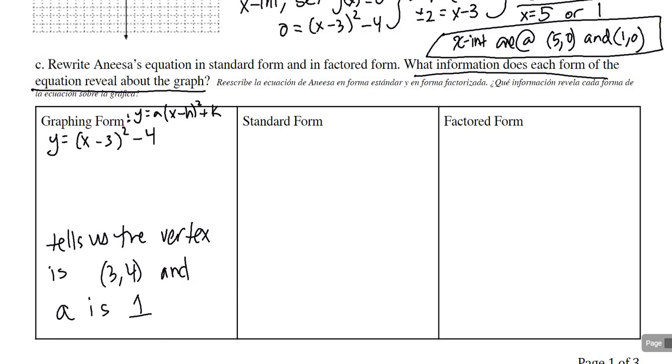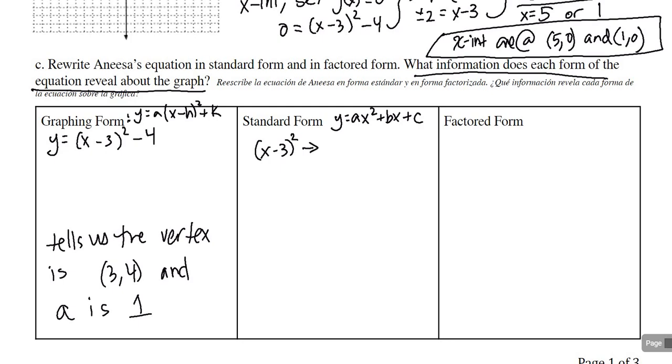Okay, now let's write it in standard form. To get it into standard form, I need to make it look like y equals ax squared plus bx plus c. And what's in my way? Well, the (x minus 3) squared needs to be expanded.